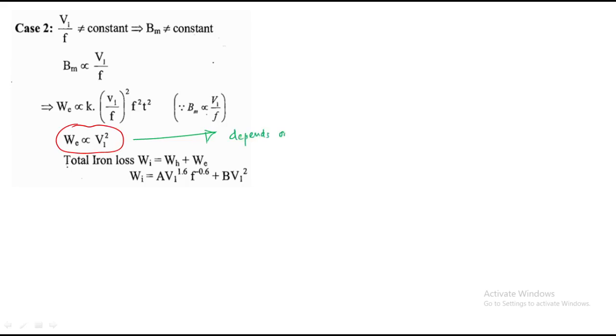So obviously, what about the iron loss component? Hysteresis loss plus eddy current loss: V power 1.6 plus F power minus 0.6 for hysteresis loss, and B into V1 square is nothing but eddy current loss.